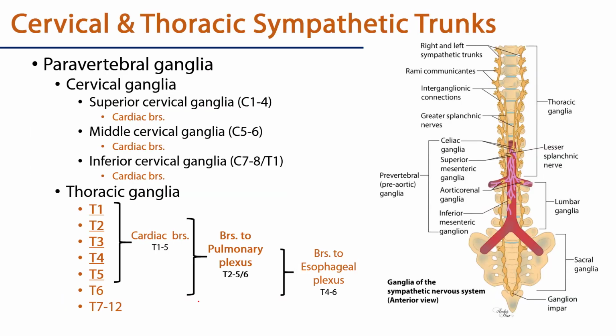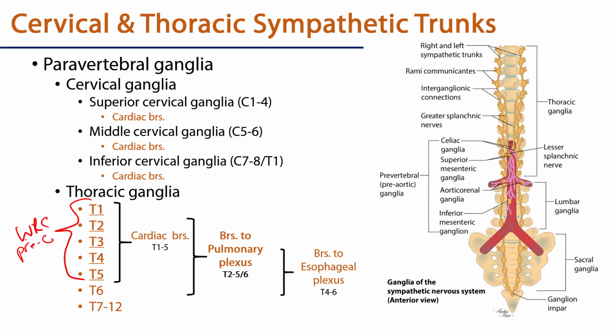Now let's focus on the thoracic outflow. So T1 through T5 levels are going to be the white rami communicantes out. So those are the pre-ganglionics.